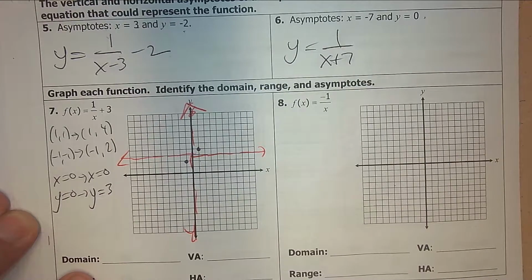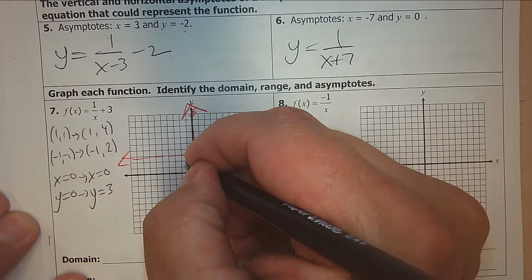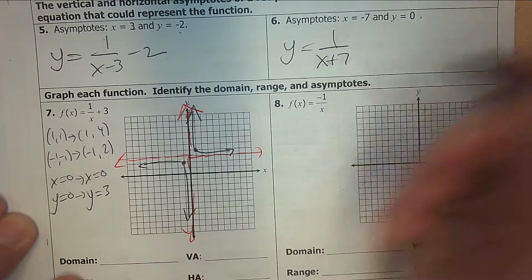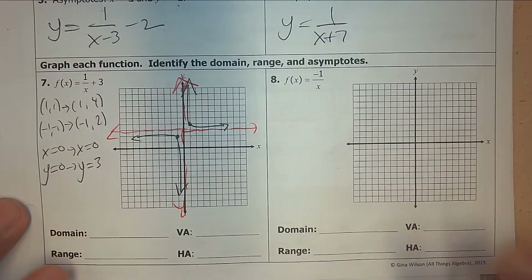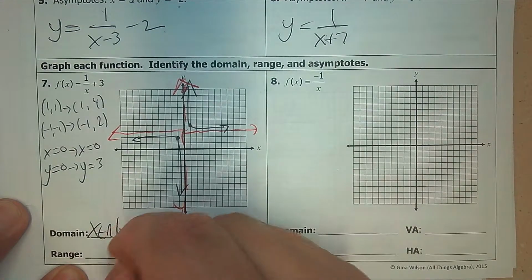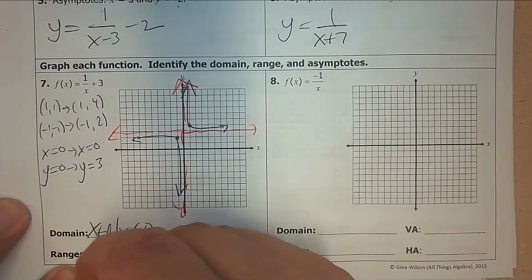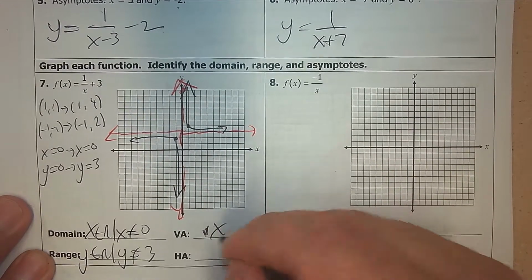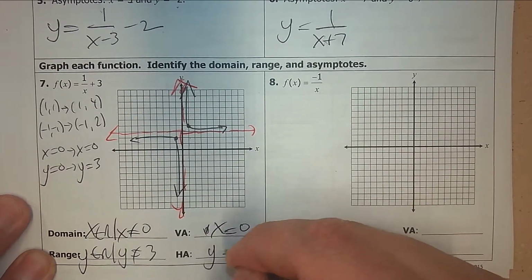And know the end behavior, and then at the asymptote. So the above one goes to infinity, and the one below goes to -infinity. Here, the domain x cannot equal 0, and y cannot equal 3, and those are also your asymptotes, because it shows where the graph is undefined.